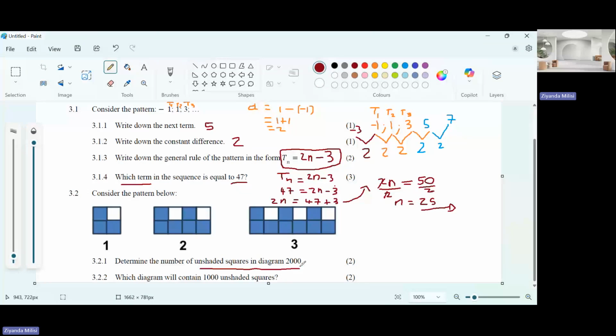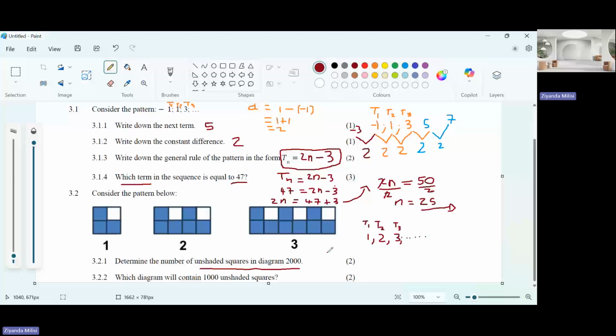All right. So let's write this in the form of numbers. Term 1 is 1, term 2 is 2, term 3 is 3, etc. Let's work out the constant difference here.